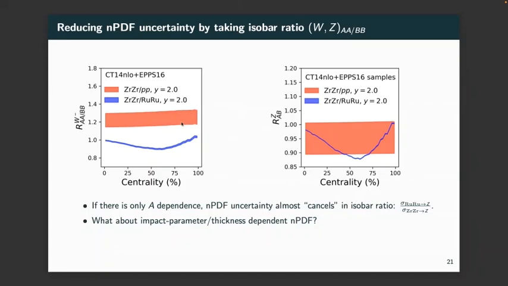If you take proton-proton as the reference, that's all the nuclear PDF uncertainties you can get. This is isobar ratios, assuming the nuclear PDF only depends on A. Of course, if it depends on impact parameter, right now I don't know how much uncertainty will be left over. But in general, you see quite sizable cancellation of the PDF uncertainties when you take isobar ratios.